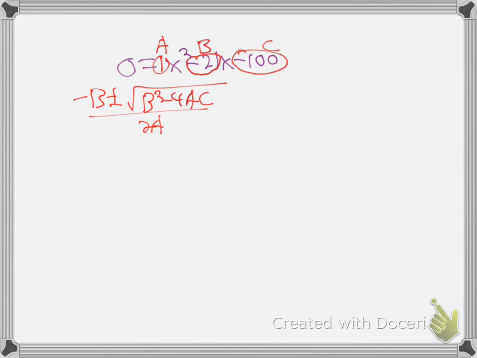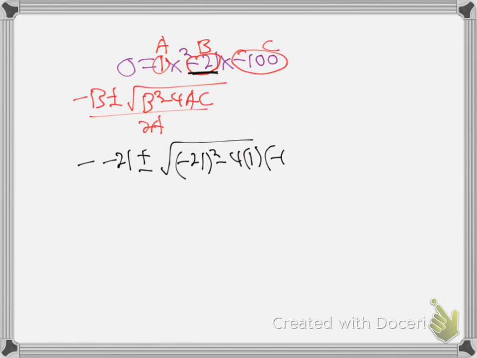Let's plug it in. Negative b, negative 21, negative b plus or minus square root of b squared minus 4 times a times c all over 2a. You okay with all that? Remember, these are messy.